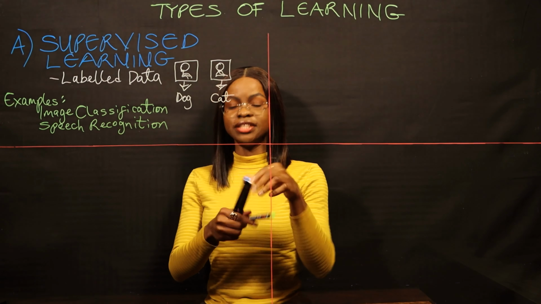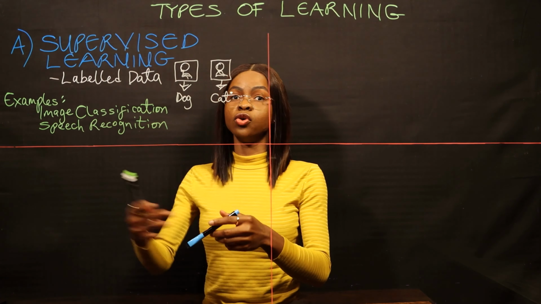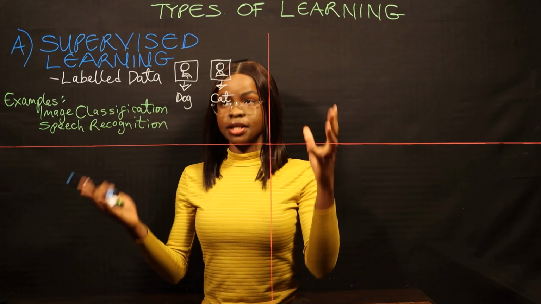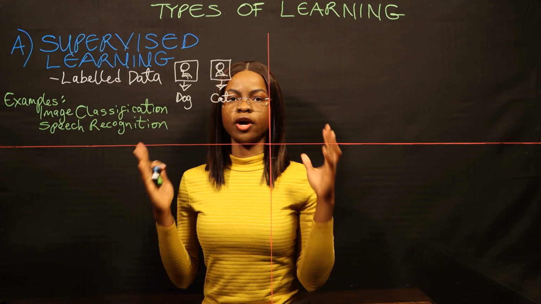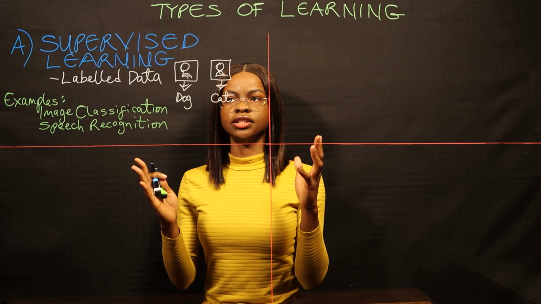Okay, so let's go to the next. We have loads and lots of examples. Of course, it's more than two, but I'm just restricting it to two to help you understand the context.